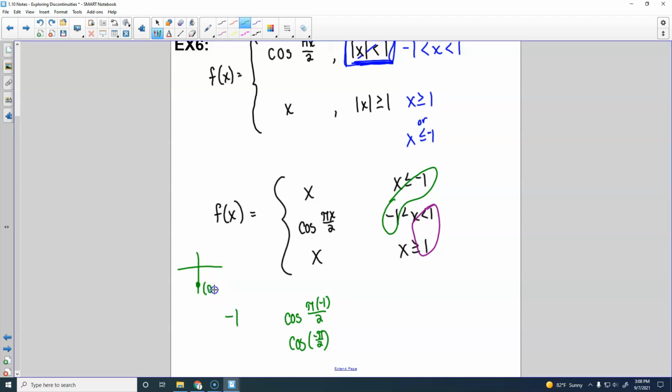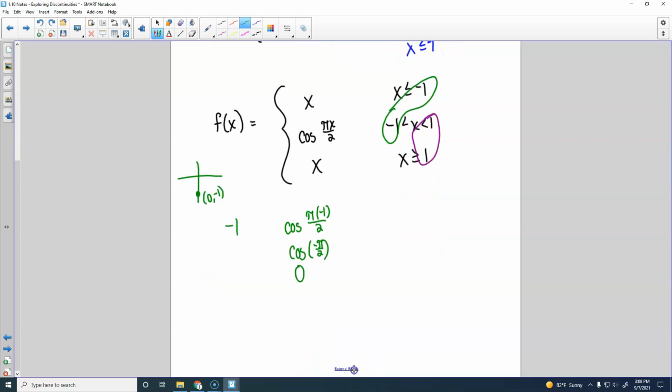Coordinates are (0, -1). Cosine is the x coordinate, so it is 0. Are those equal to each other? They are not. Since they are not equal to each other, you have a jump at x equals -1.